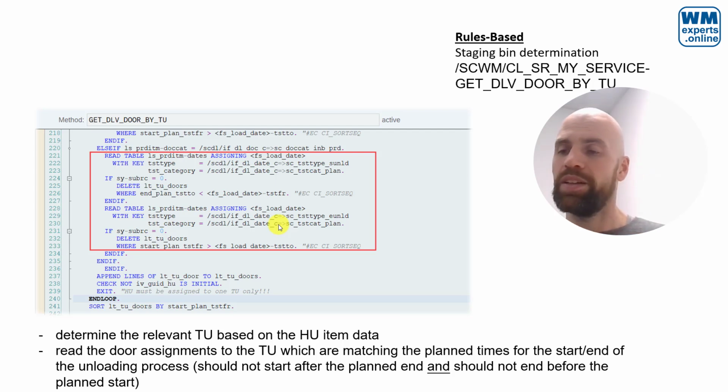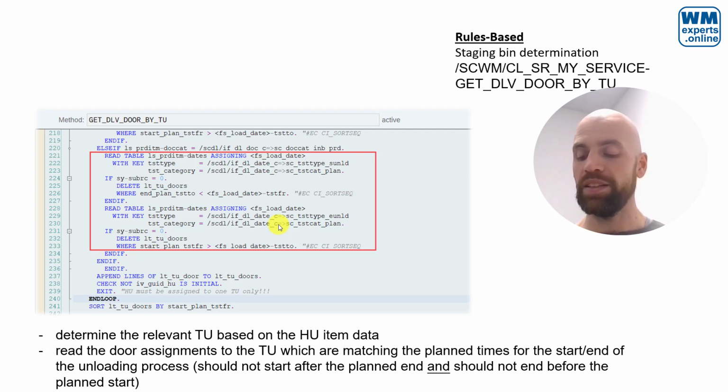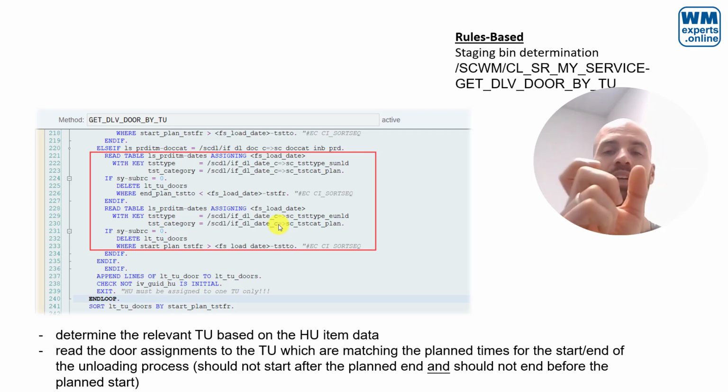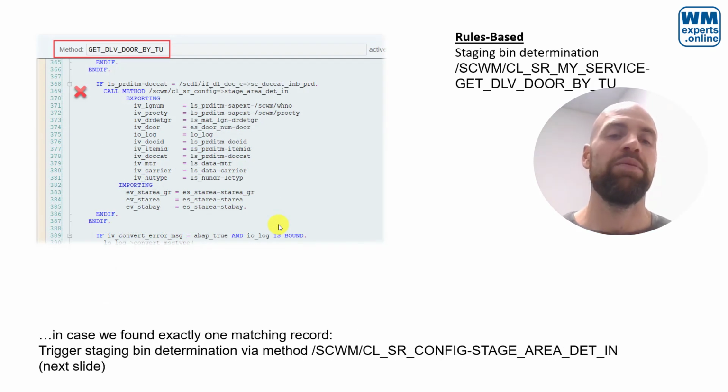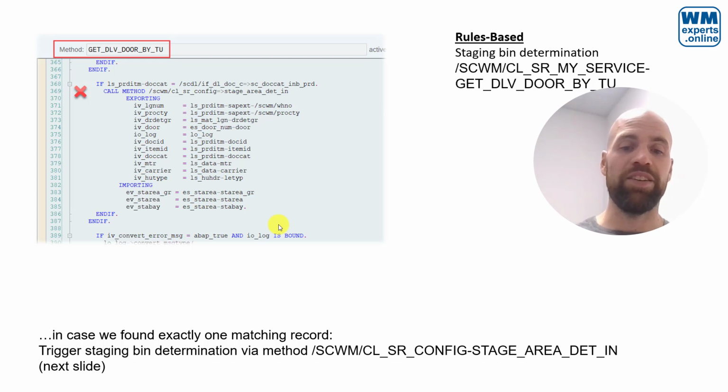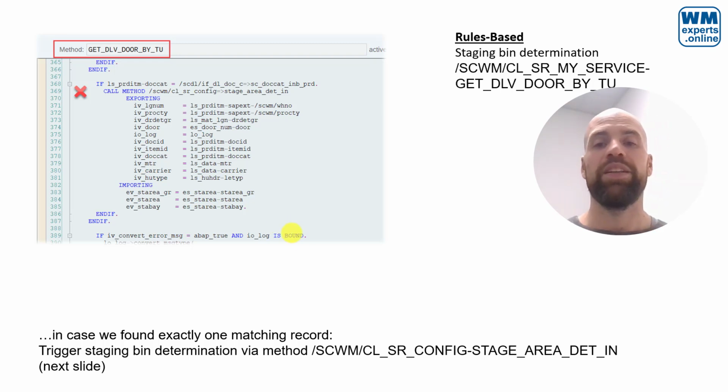So basically only the doors which are assigned and where the planned time window matches the planned unloading time window for the TU are being considered, and if EWM finds exactly one matching record, then it again triggers the staging area determination via the method stage area det in.